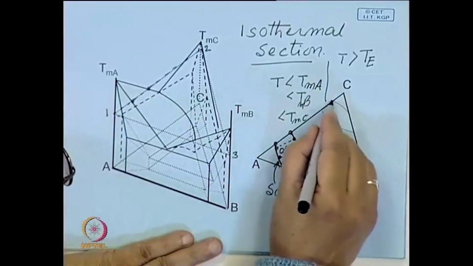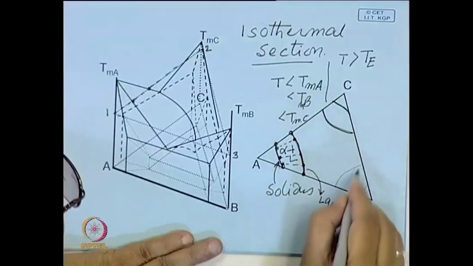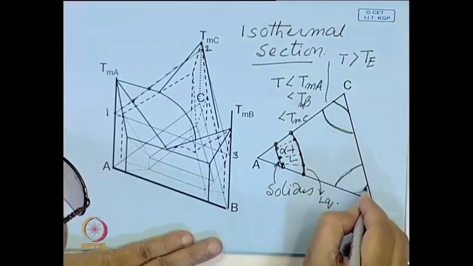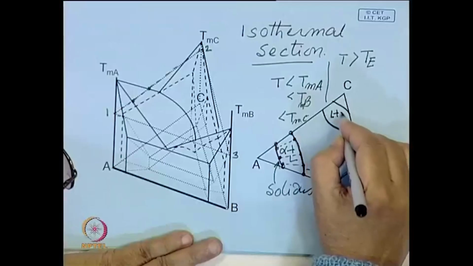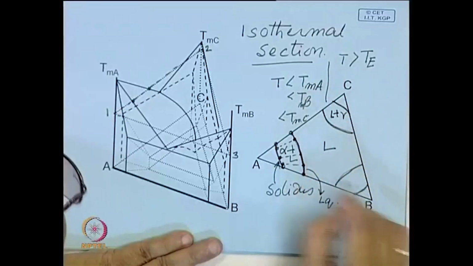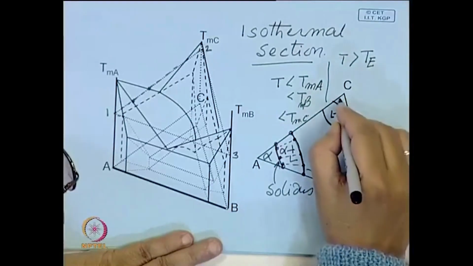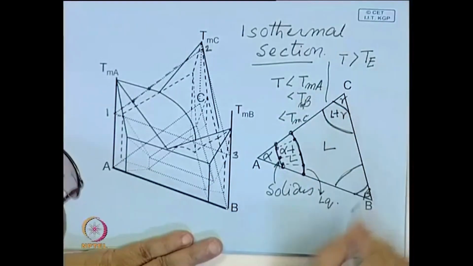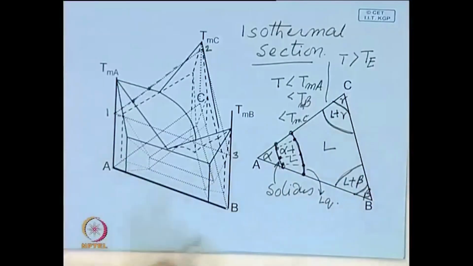Similarly, there will be such two phase regions on each of these three ends. This will be liquid plus gamma, this portion is liquid, this is alpha, this is beta, this is gamma, this is liquid plus beta.